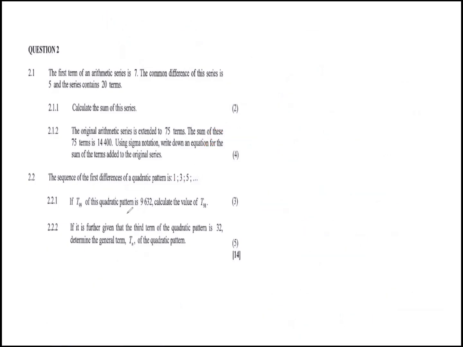Okay, then we have this 5 marks here, 2.2.2. It says it is further given that the third term of the quadratic pattern is 32. So from that first difference, we have 1, and then 3, and then 5. Now we are given that this will be T1, T2, and then T3, right?